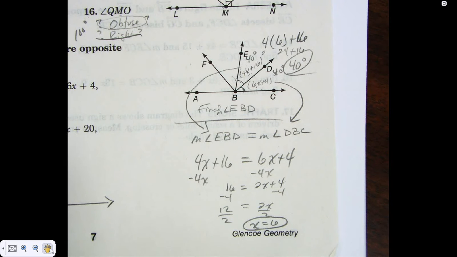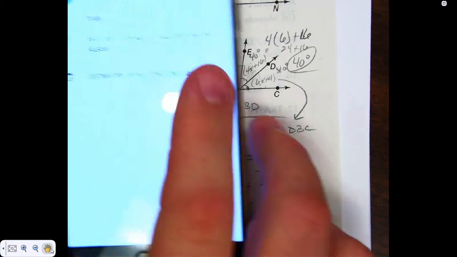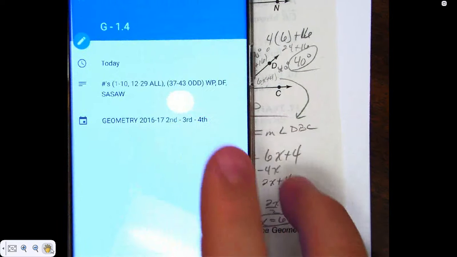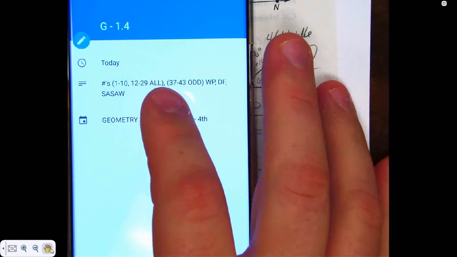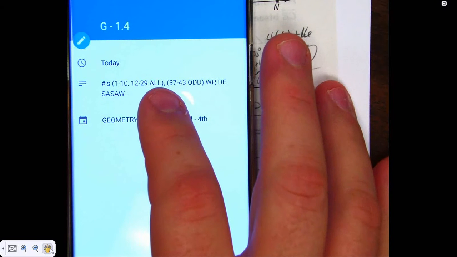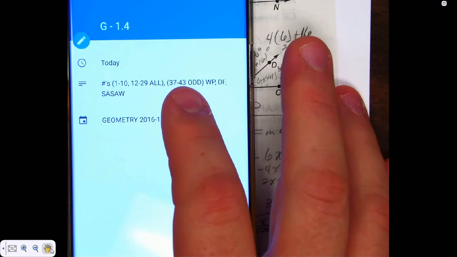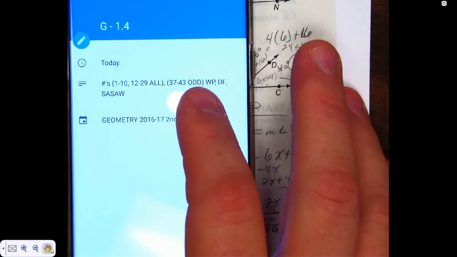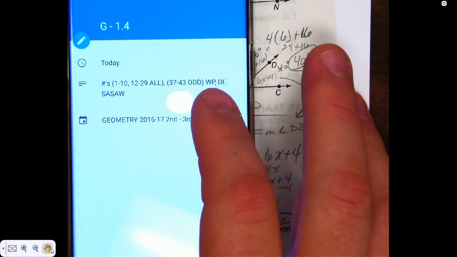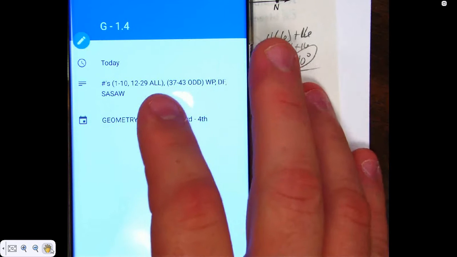You click on it and you get details. And what does it say? 1 through 10, 12 through 29, and then 37 through 43. On all of these, write problems, draw figures, show all steps and work.